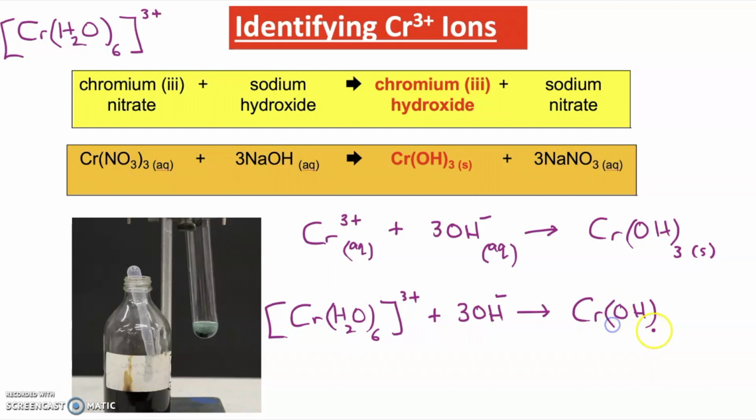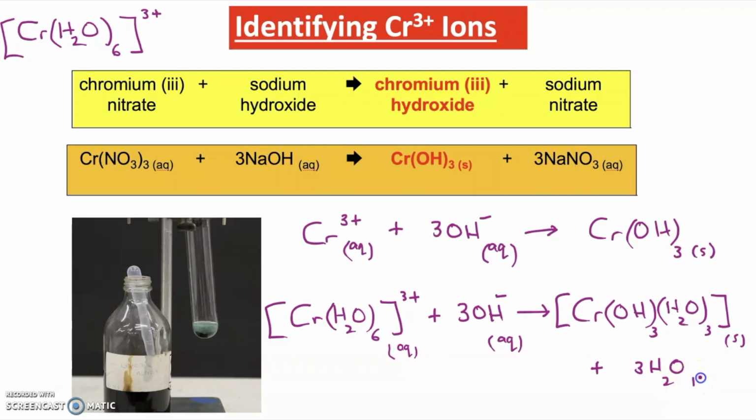[Cr(H2O)6]3+ plus 3 OH- ions form Cr(OH)3(H2O)3, with this in brackets, and because we've kicked out 3 of the water molecules here by reacting it with 3 OH- ions, the other product is 3 H2O.